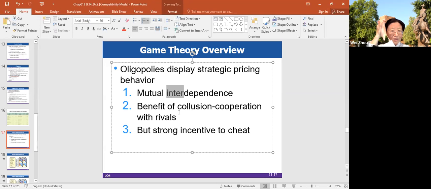Any of them can secretly sell the milk to the customer for $3. So let's say Walmart and Alva set the price at $6, but Alva secretly sells to the customer for $3. Then all the customers go to Alva Market. Since they are not one person, they are combined together, they have a very strong incentive to cheat.